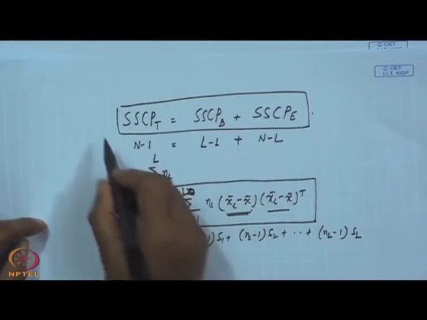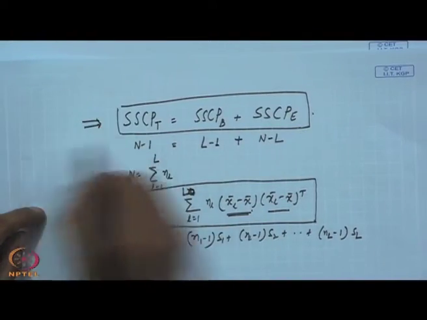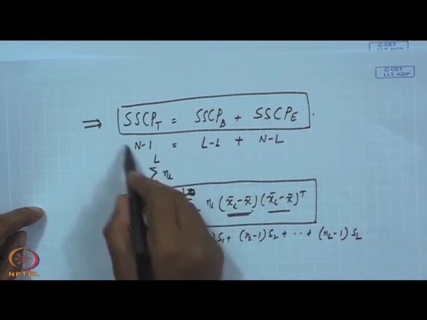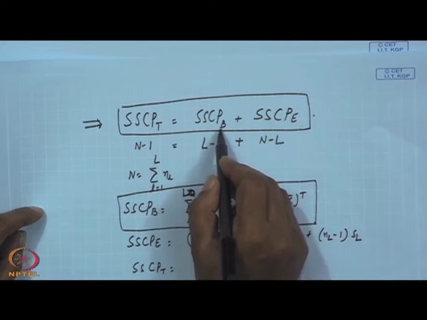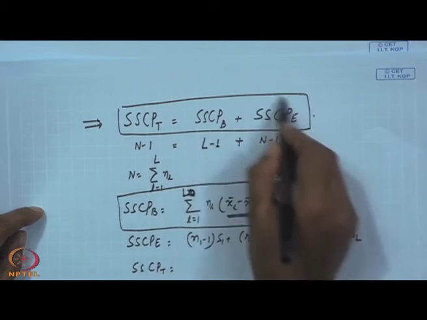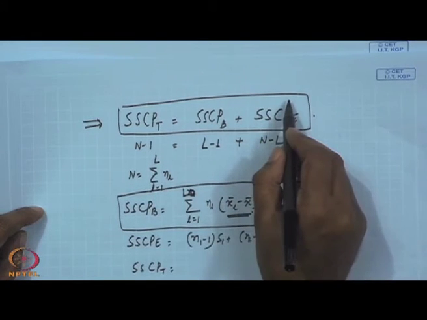Okay. So far, let me recapitulate the computation part that we are considering. In a one way MANOVA, the SSCP total is decomposed into SSCP between populations and SSCP error.